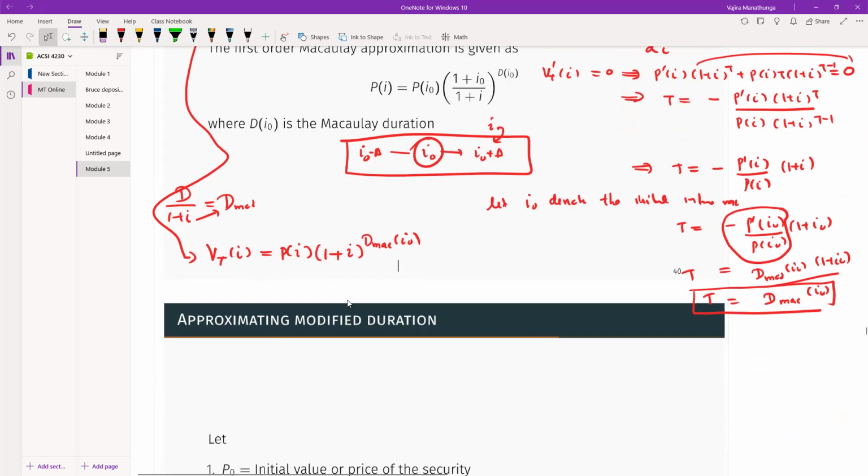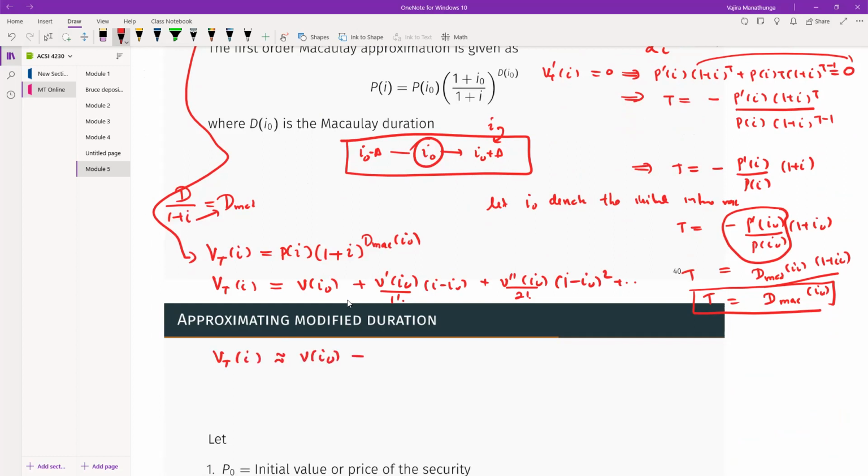Then we can expand this function as a Taylor series. So this is going to be V(i naught) plus V prime(i naught) over 1 factorial times (i minus i naught), plus V double prime(i naught) over 2 factorial times (i minus i naught) squared, and so forth. Again we do the approximation, so this is approximately equal to V(i naught) plus V prime(i naught) over 1 factorial times (i minus i naught).